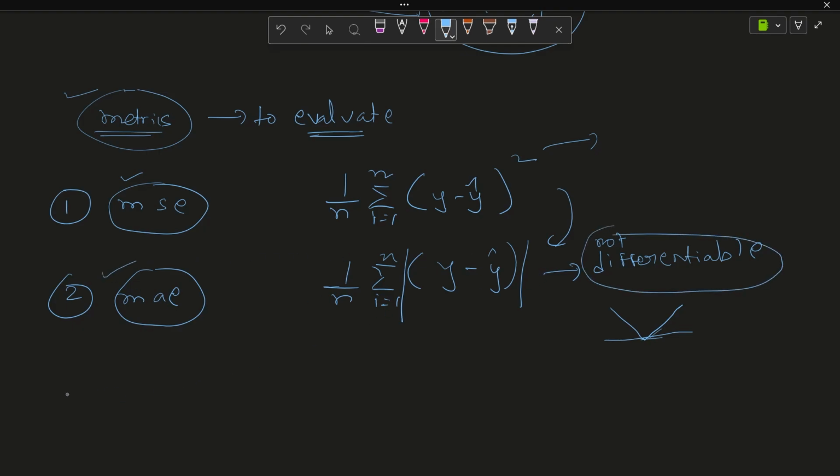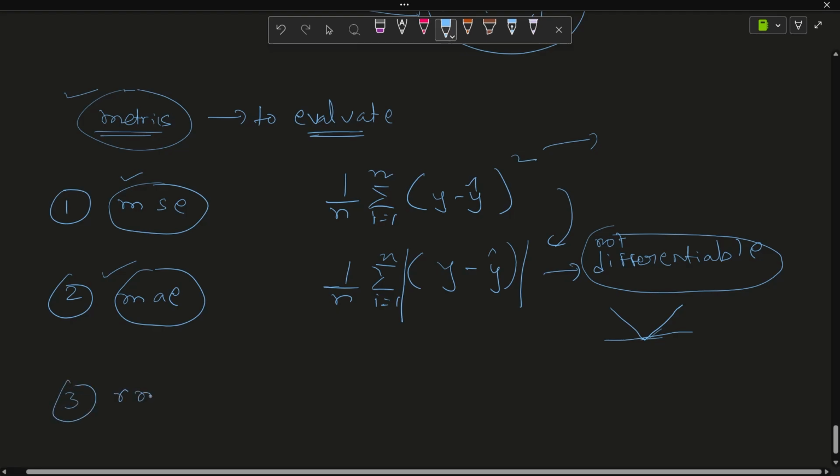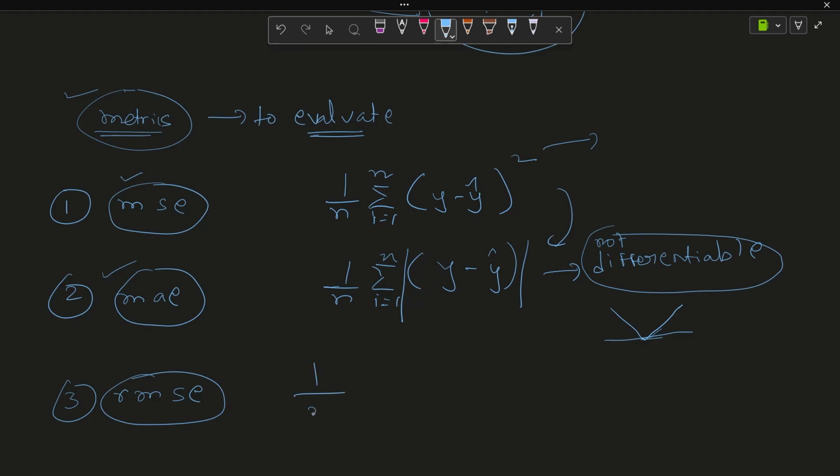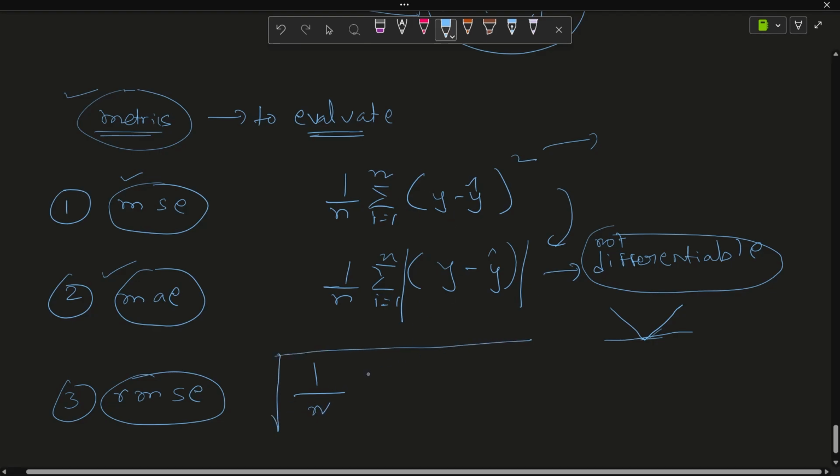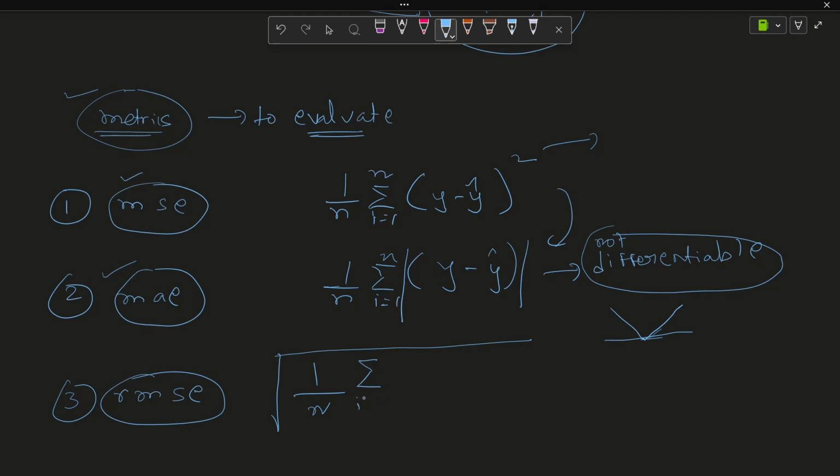It already has a drawback. So there is another one, root mean square error. As you might have guessed, you put the square in the error, but then you take the root of MSE, which gives root mean square error. The benefit of this is that it returns the result in the same unit.